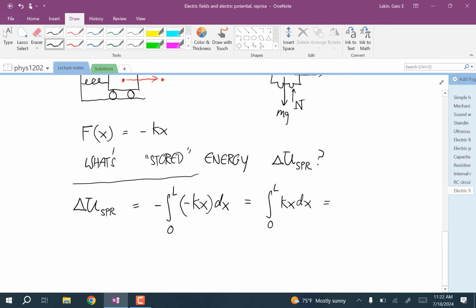This is the polynomial rule for integrals, and so this integral comes out to be 1/2 kx squared.